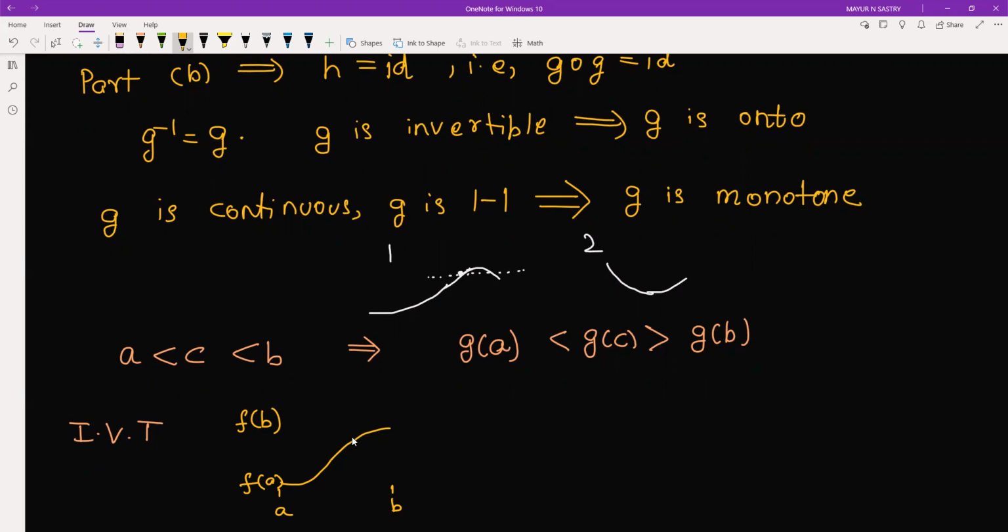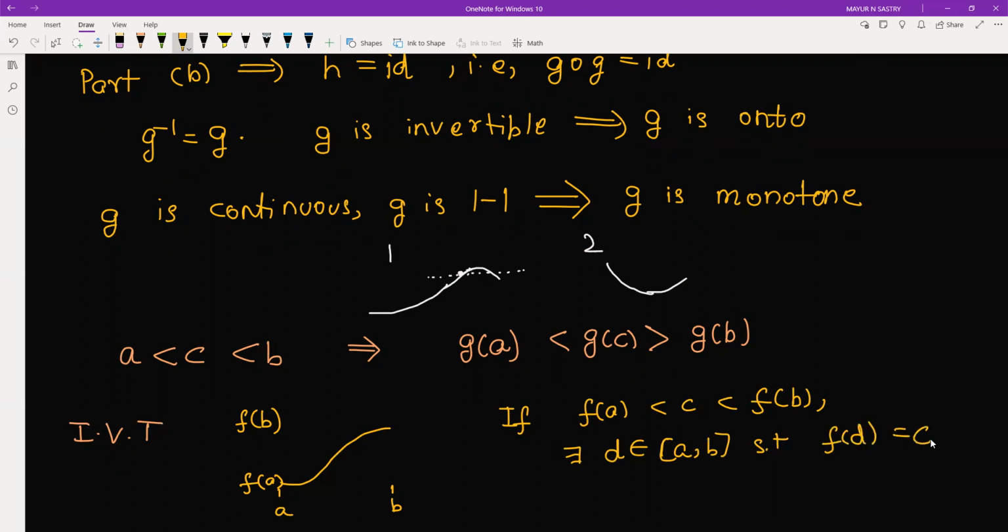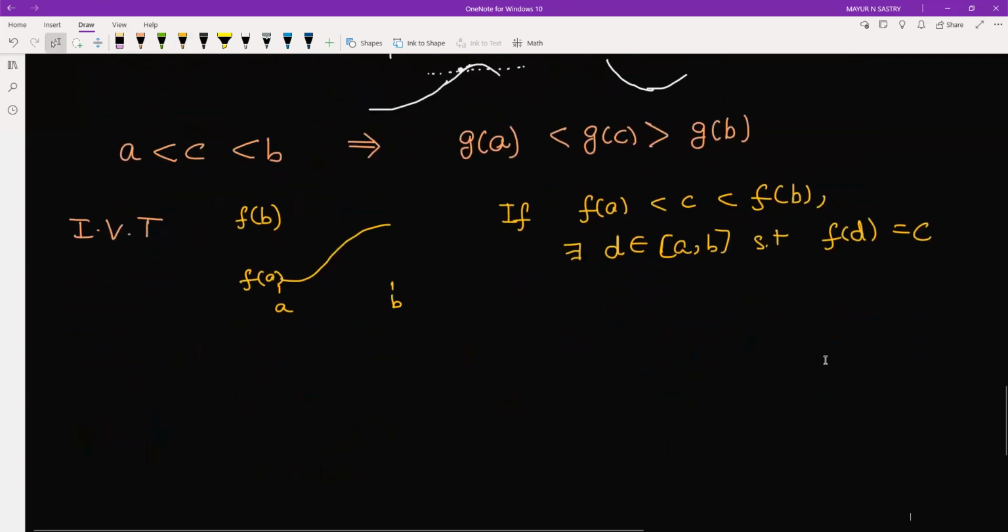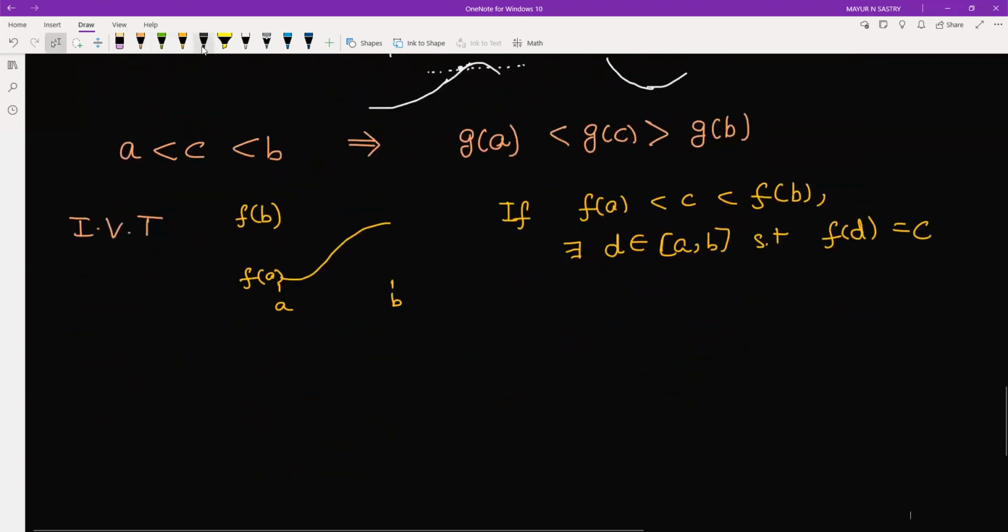More formally, if c is between f of a and f of b, then there surely exists at least one d in (a, b) such that f of d is equal to c. So we are going to use this particular idea over here.